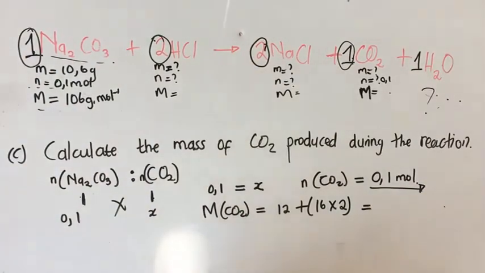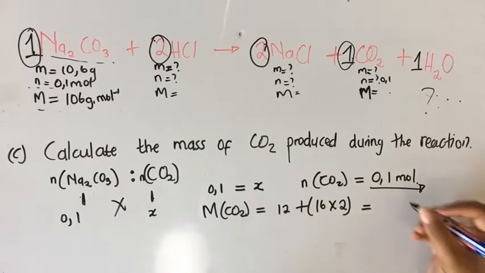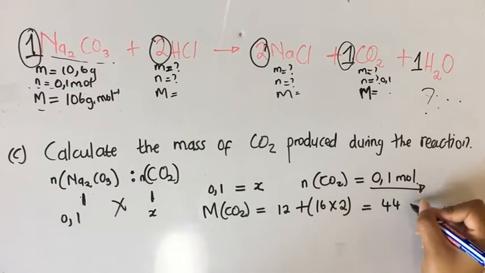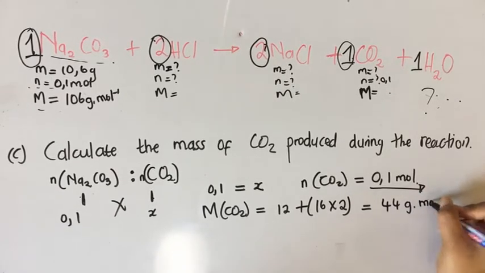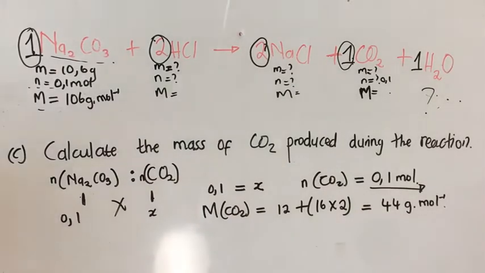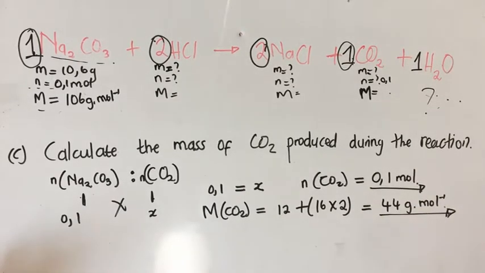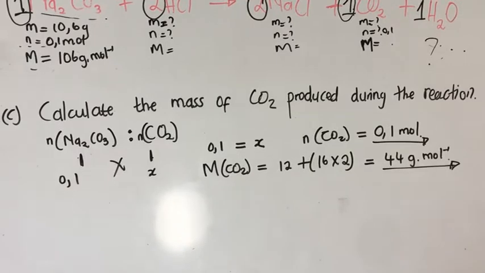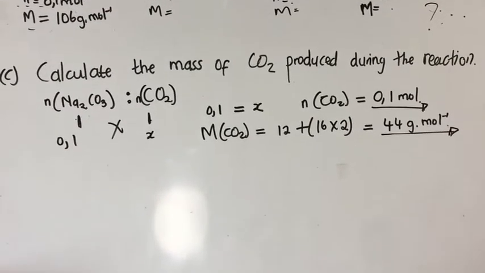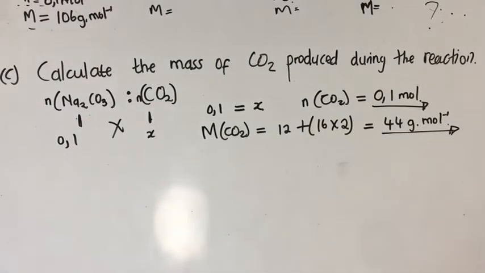So it's 16 multiplied by 2, which is 32. So 32 plus 12 is 44 grams per mole. All right, so now since we have the molar mass, siphinde sibe number of moles. Okay, now so I'm calculating the mass.